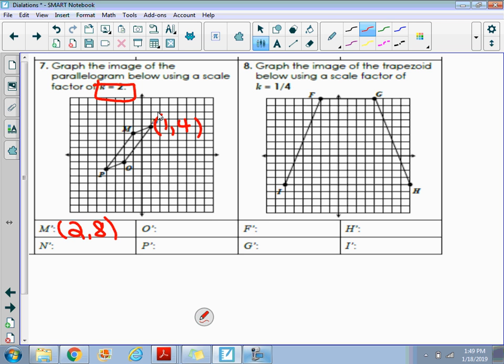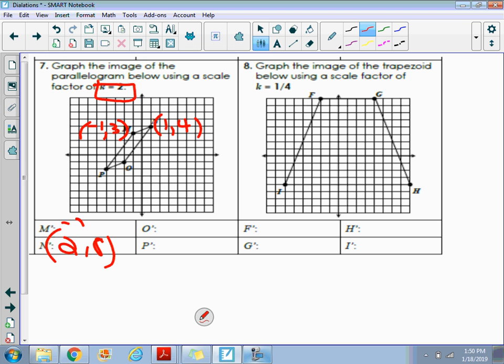I got 2, 6. Is it at 3, not 4? 1, 2, 3, 4. It's at 4. No, you did it for N. Thank you. That's 2, 8. All right, M is 1, 8. That's negative 1, 3.